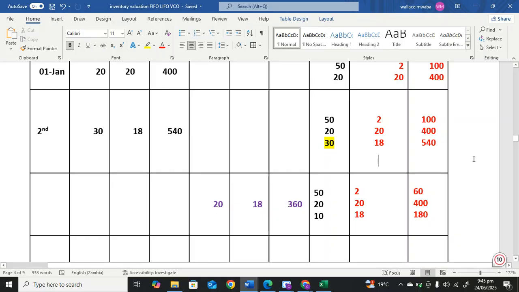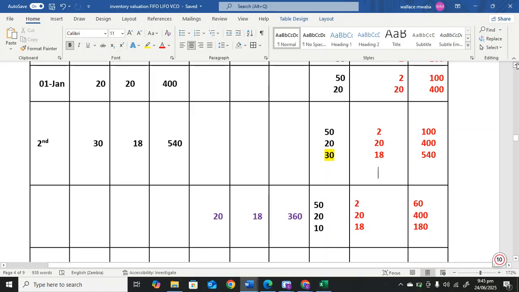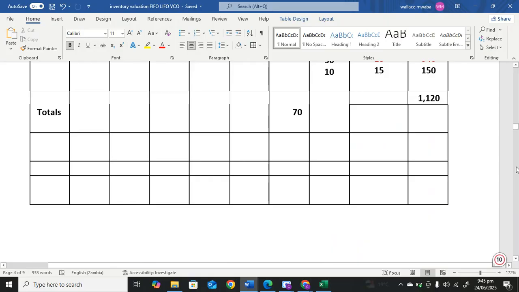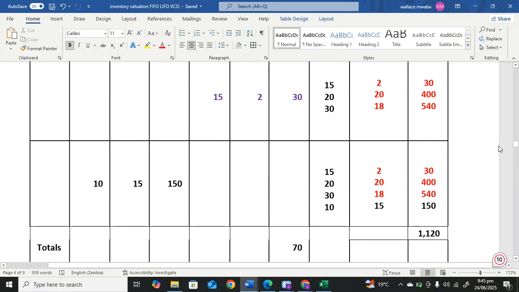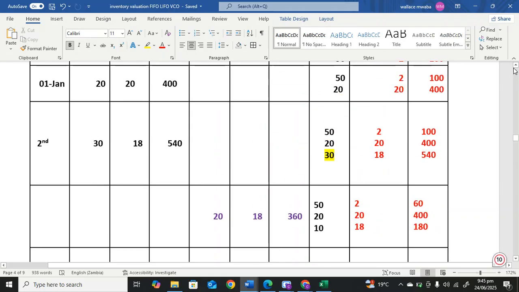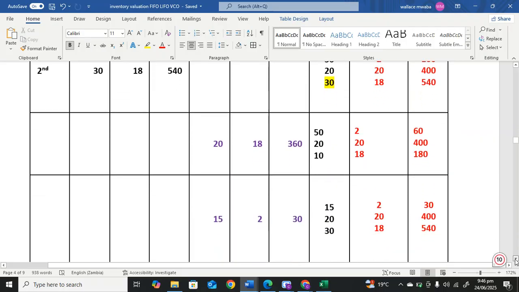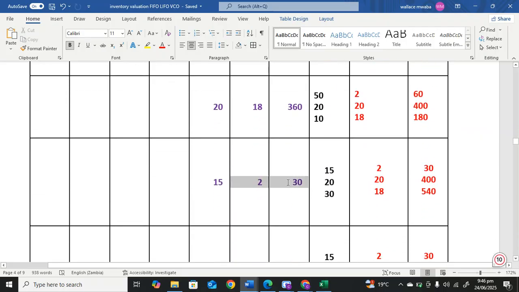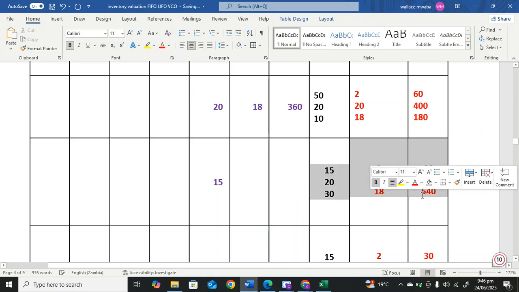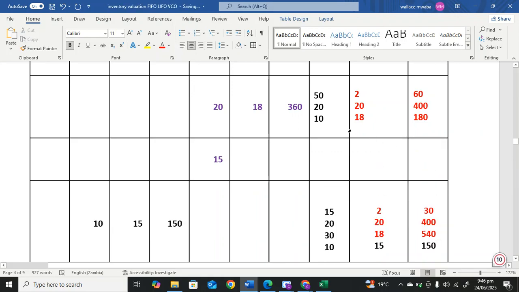We can go to the next transaction. Okay, we issued another 15 units. If you remember, we issued 15 units. Okay, so these 15 units, the first 10 will come out from this last batch.